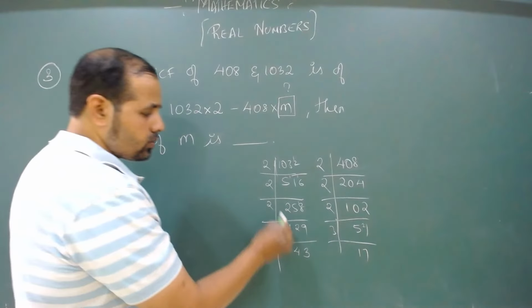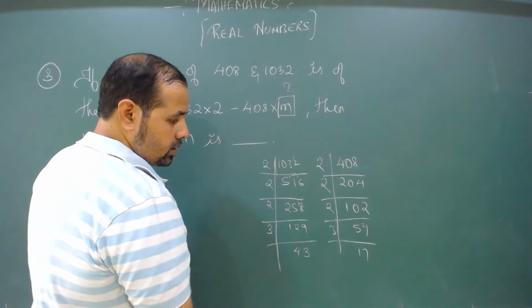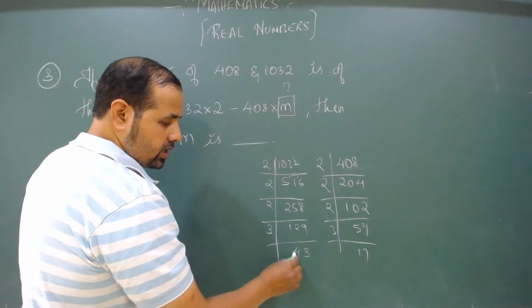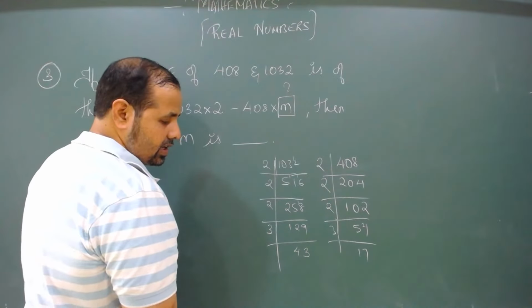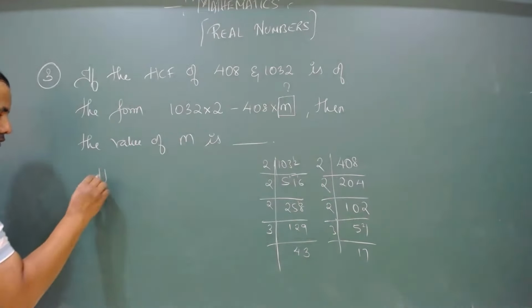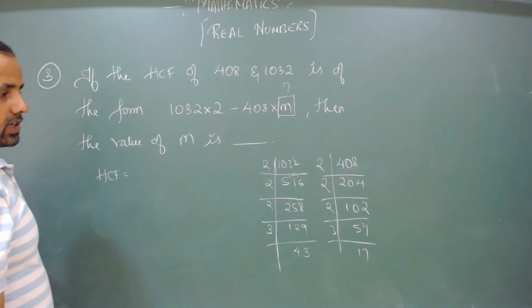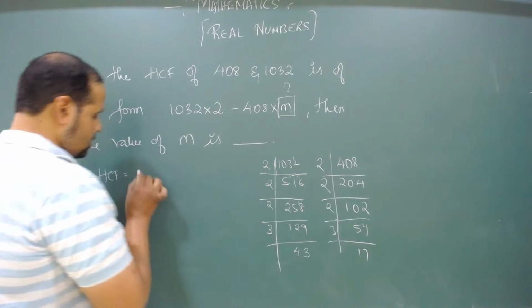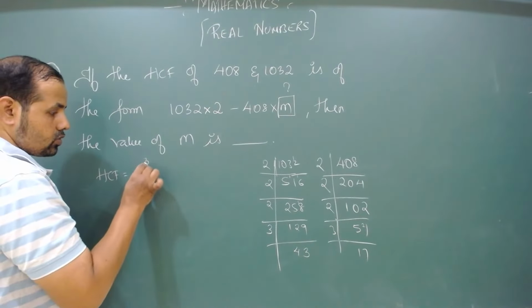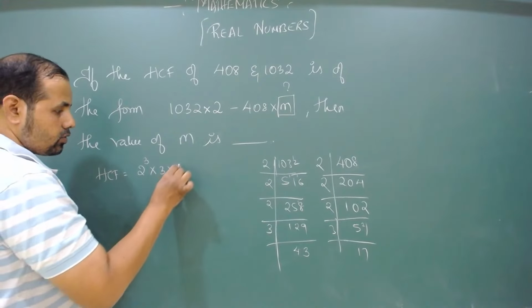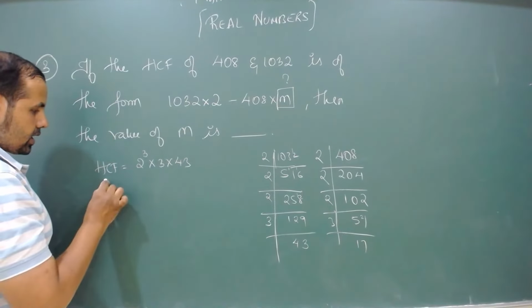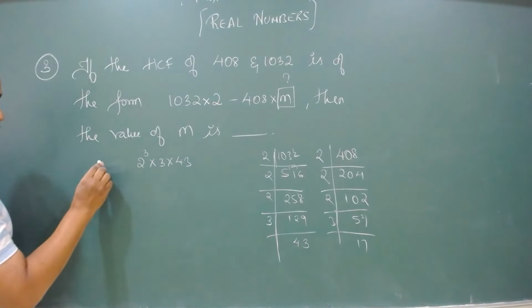So the prime factors of 1032 are 2 cube into 3 into 43.